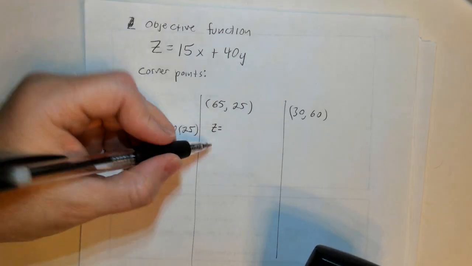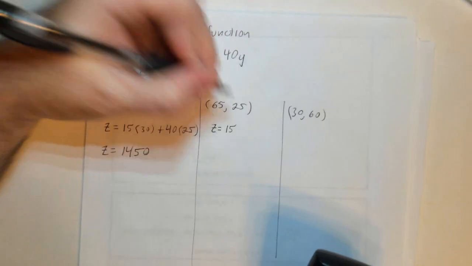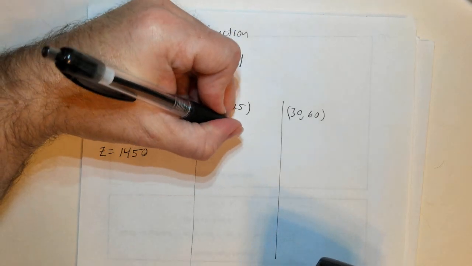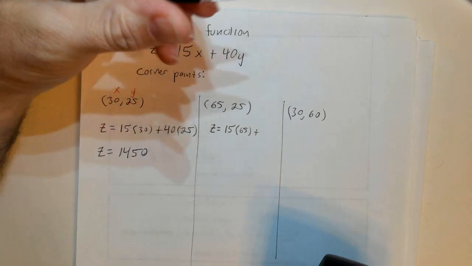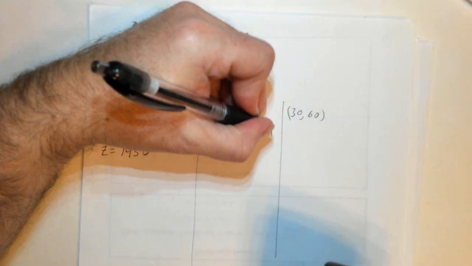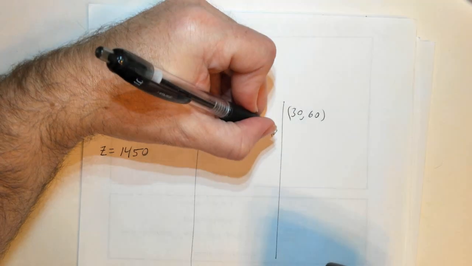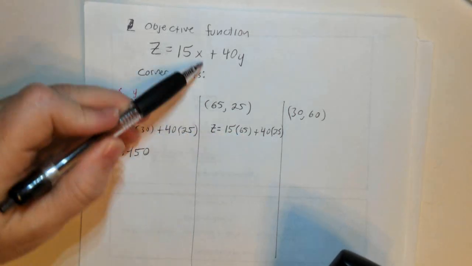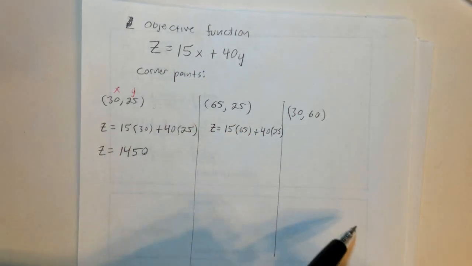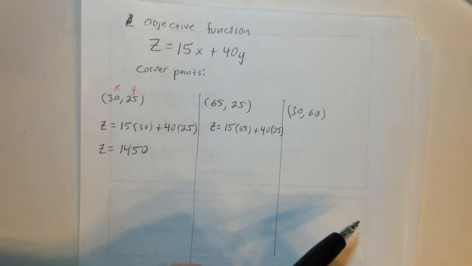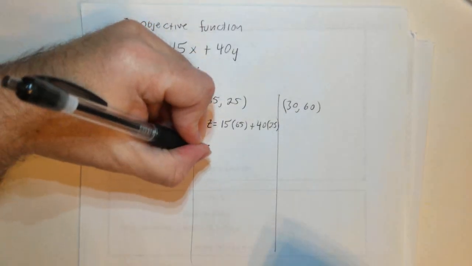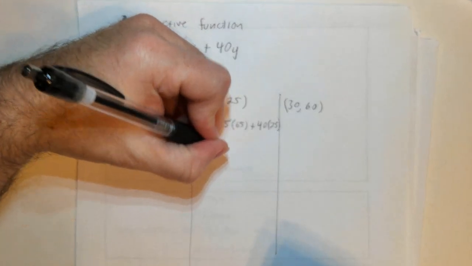All right, again, 15 times x is 65, plus 40 times y, which is 25. I'm double checking all of this because we already did so much work. 65 times 15 plus 40 times 25, 1975.